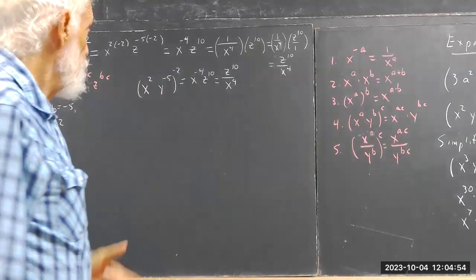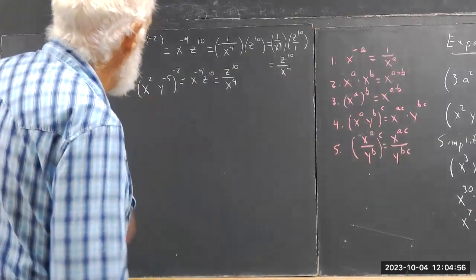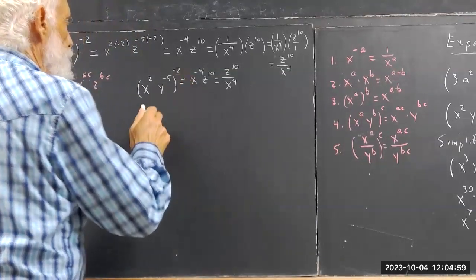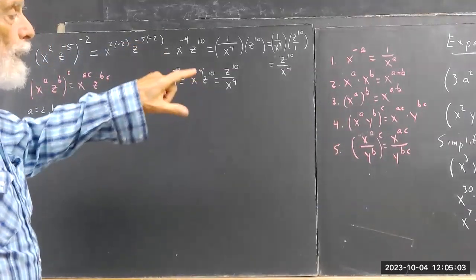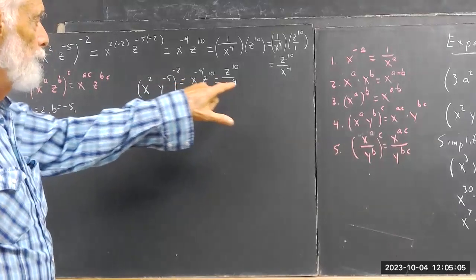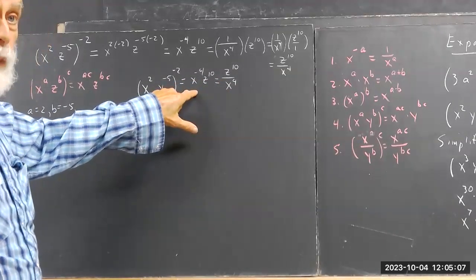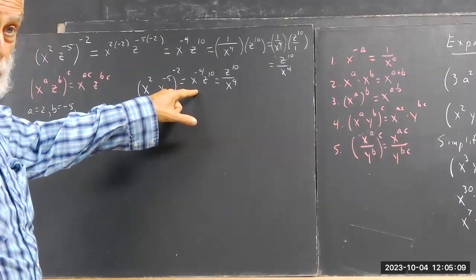You can be asked to simplify this expression or expand it and write it this way or this way. This way would be without denominators because there's no denominator here.